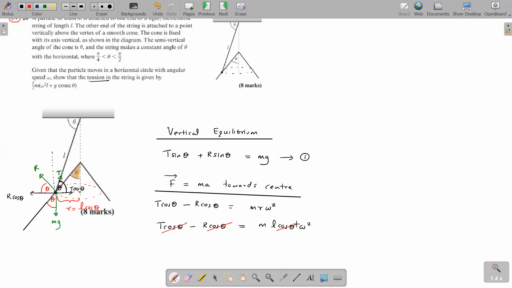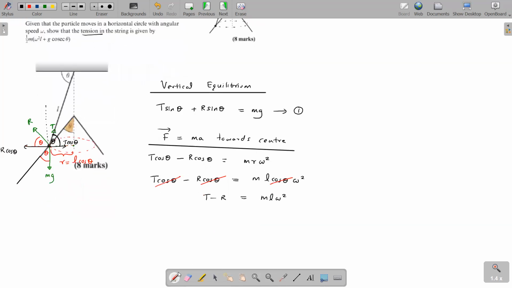Cos theta can be factorized and removed. That gives T minus R equals m L omega squared, so T minus m L omega squared is equal to R. This is an easy substitution.